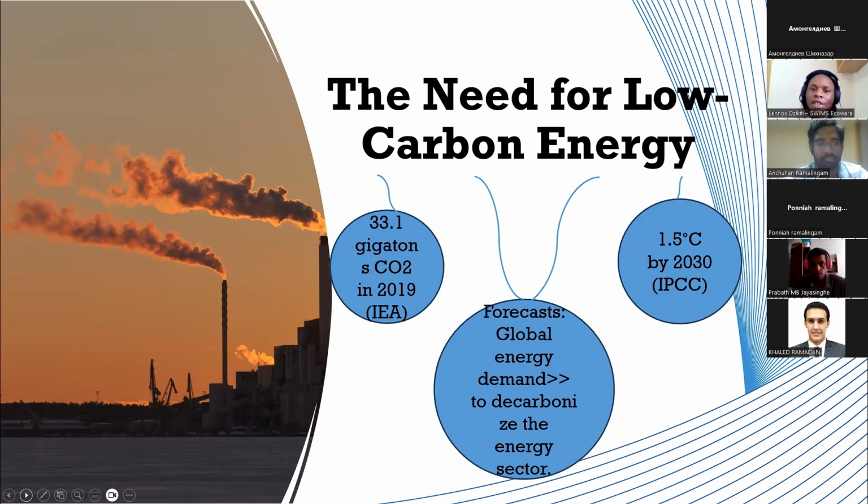So according to the International Energy Agency, global energy-related carbon dioxide emissions reached a high of 33.1 gigatons in 2019. Without significant action to reduce emissions, the Intergovernmental Panel on Climate Change warns that temperatures could rise by 1.5 degrees above pre-industrial levels as early as 2030, leading to catastrophic consequences for our planet.